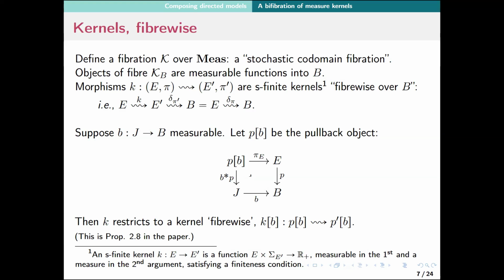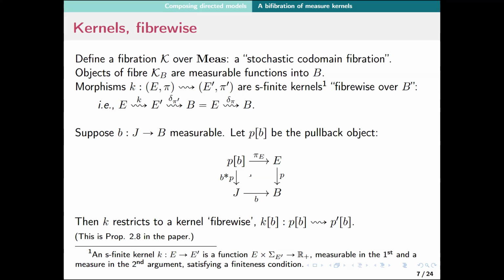But to say a little bit more about what a kernel is going to be for me, it's a function from some measurable space and a sigma algebra on another measurable space, which is its codomain, into the positive reals. And these things satisfying some finiteness condition are known as S-finite kernels. I'm working with these kernels, but the story I'm telling is not specific to this particular bicategory.